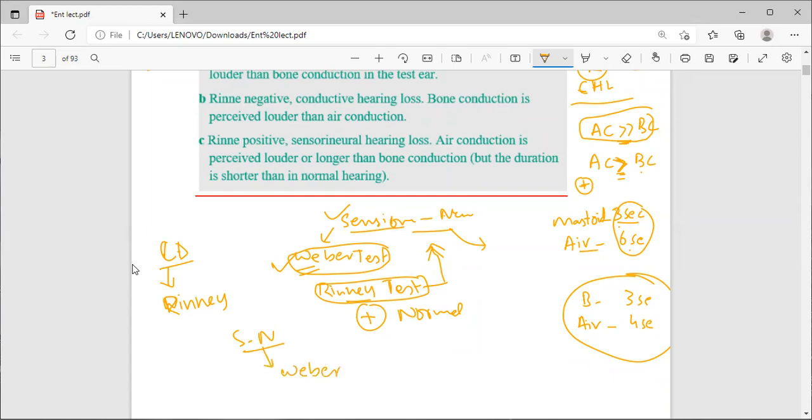I was just giving you extra information that if a scenario comes of sensory neural hearing loss, and you don't have the option of Weber, you have to perform the Rinne test, what results can you get? Air conduction will be greater than bone conduction, but it won't be double the duration of bone conduction.